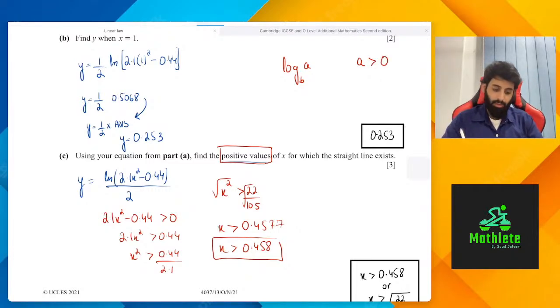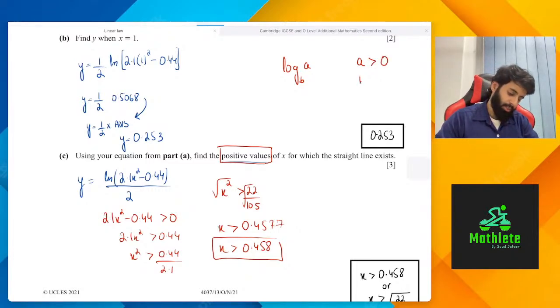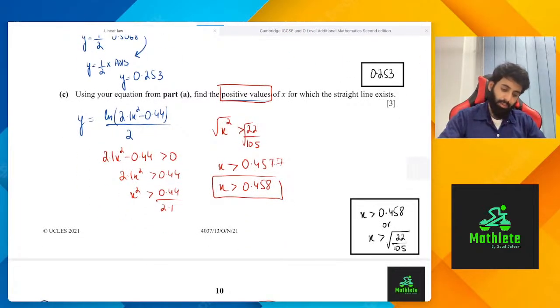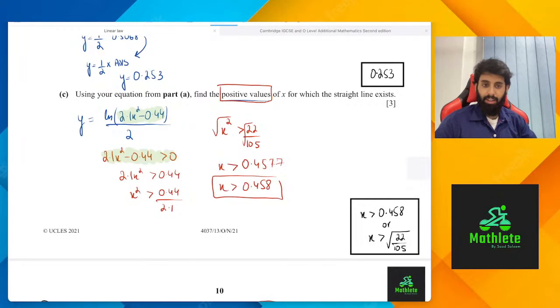This is one thing we always make sure of, and we also make sure that our base is greater than 0, and at the same time our base is not equal to 1. These are the rules for your log function to be defined. So here also, if you want to keep your log function defined, you'll make sure that your argument is greater than 0. That is how you will make sure that the straight line exists.